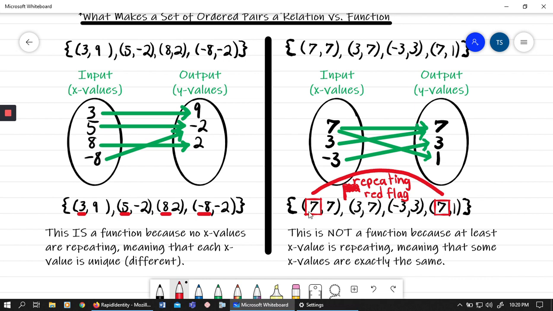And because of those repeating x values, that lets us know that this is not a function. So if it does have repeating x values when you are looking at a set of ordered pairs as a relation, then it is not a function. In other words, if you have a set of ordered pairs where some of the x values are exactly the same, it is not a function.